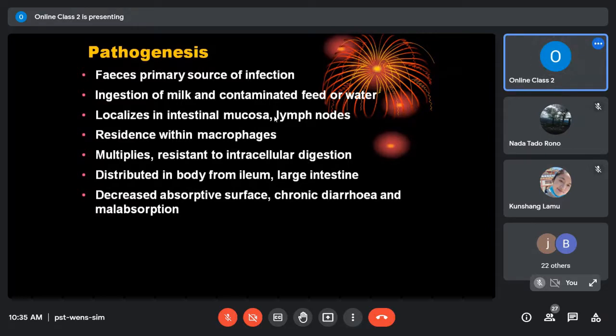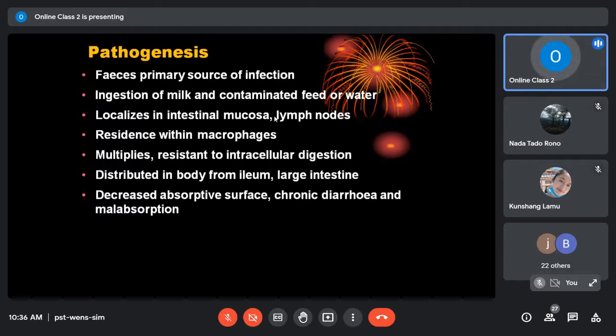That infected material may contaminate the feed and water. When such contaminated food and water is ingested, the healthy animal may contract the infection. After getting into the system, it may localize particularly in the intestinal mucosa and the nearby lymph nodes.